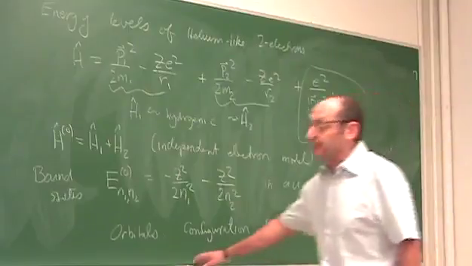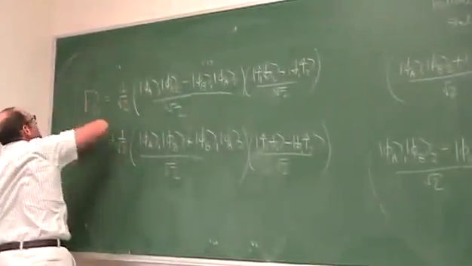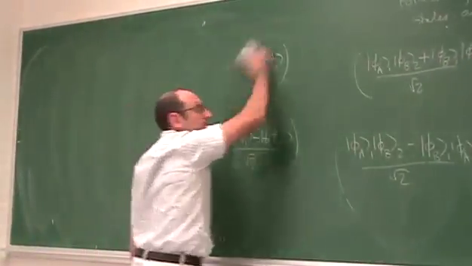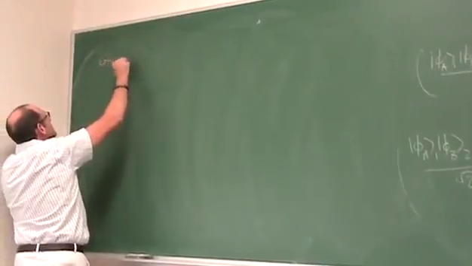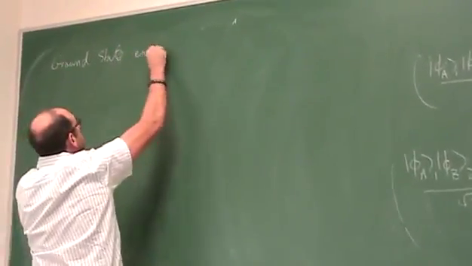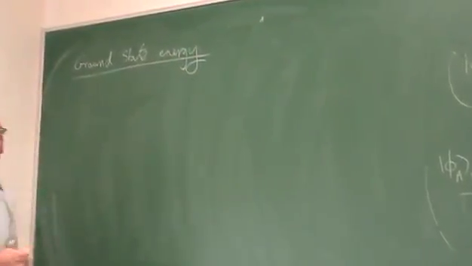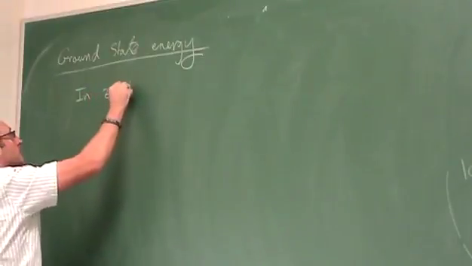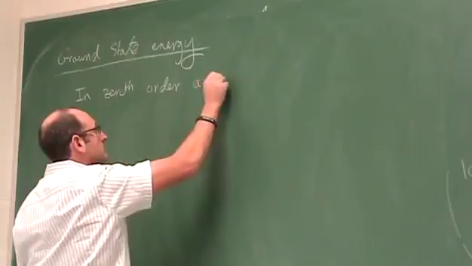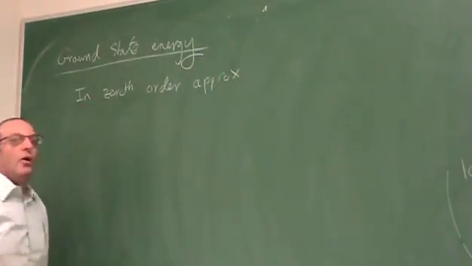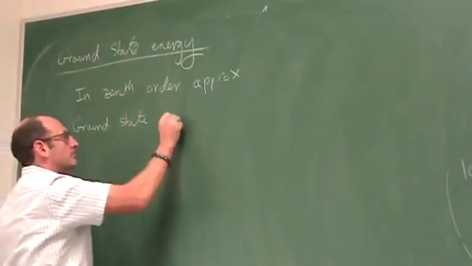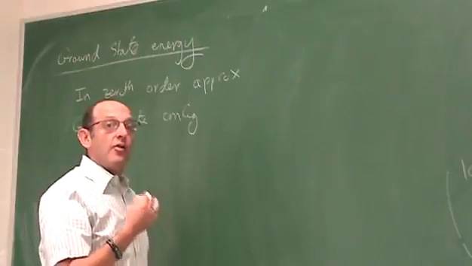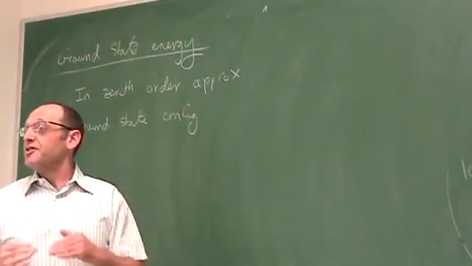So what does this give us for the ground state? Well, first of all, in the zeroth order, what we would say is that the ground state configuration would involve both electrons in the ground state of the hydrogenic orbitals, right?